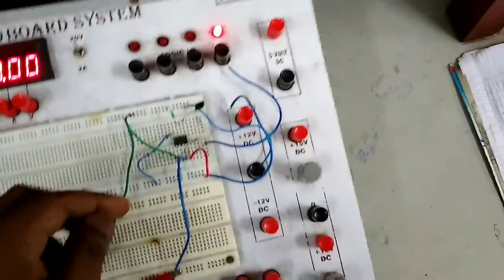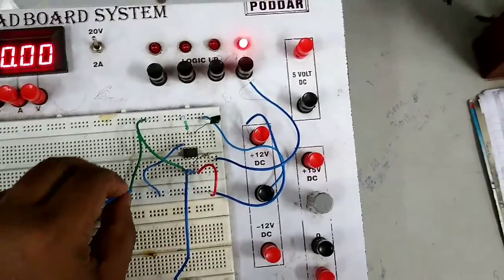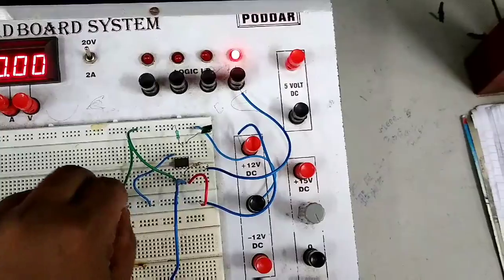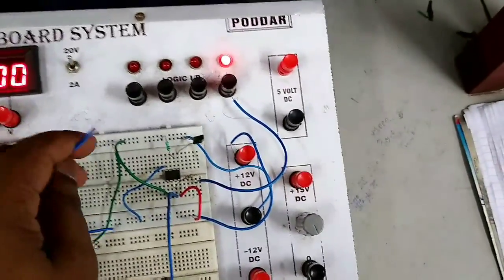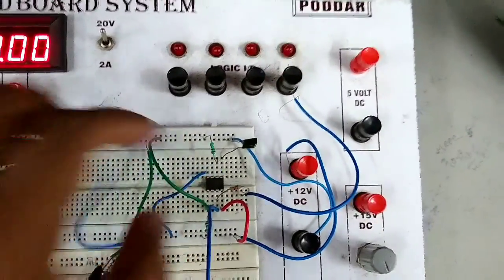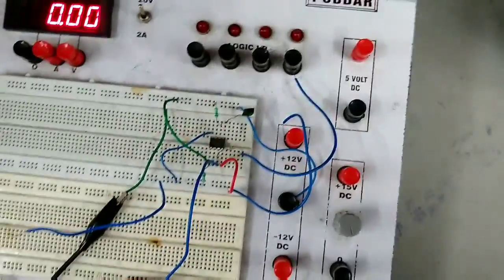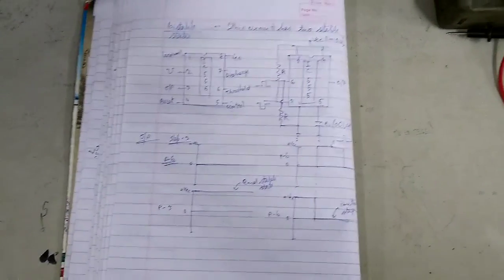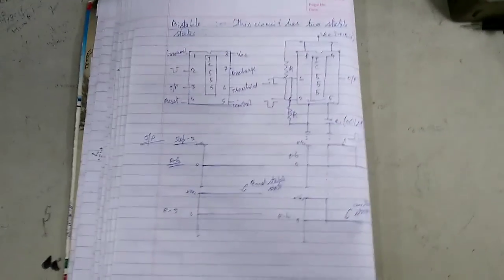That means the power supply is interrupted. Or if I apply a positive trigger to pin number 6, then the output will be low. This is bistable multivibrator having two stable states and two triggering, positive and negative triggering. Thank you.